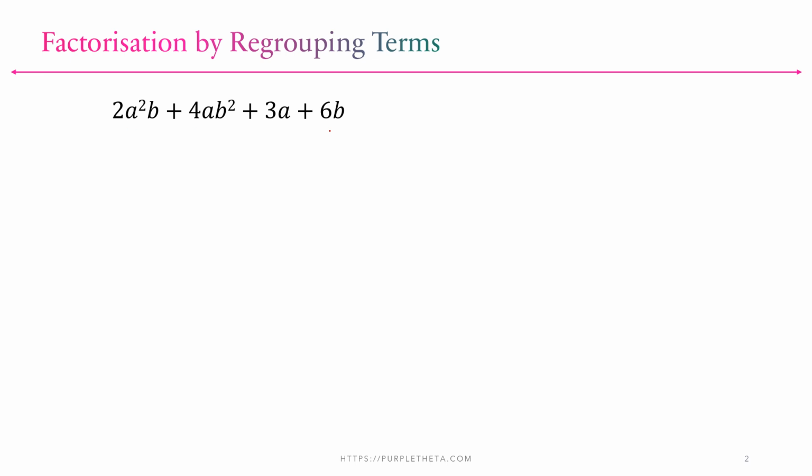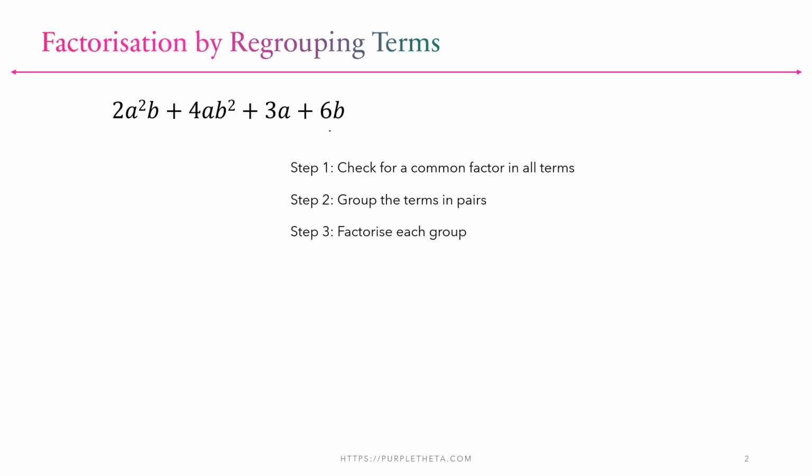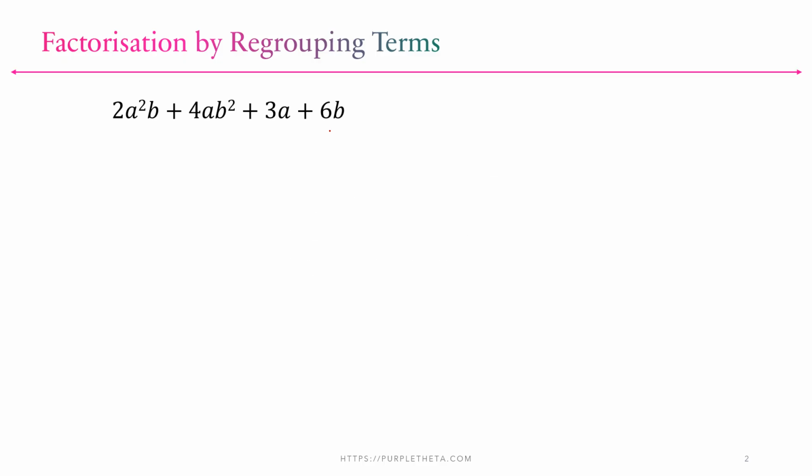So in this example also we are following these steps. Check for a common factor in all terms, group the terms in pairs, factorize each group and then put them together. Okay, let us continue with our step 1, that is to check for a common factor in all terms, right?